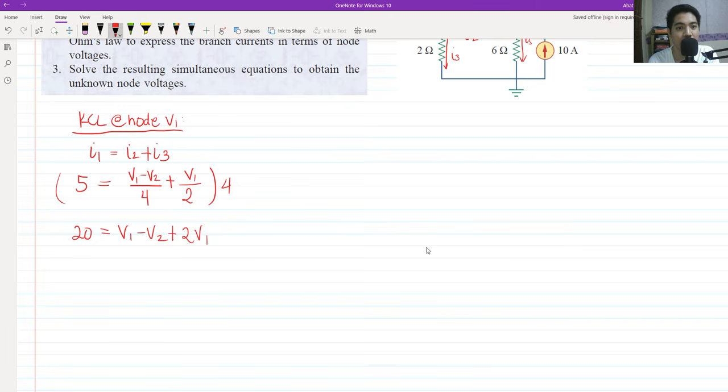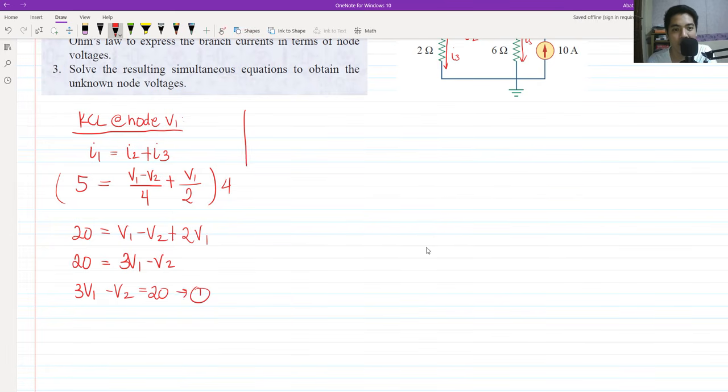We multiplied by 4 so that we can simplify it. So 2V sub 1 plus V sub 1 would be 3V sub 1 minus V sub 2. Rearranging, we have 3V sub 1 minus V sub 2 equals 20. So that is our first equation.